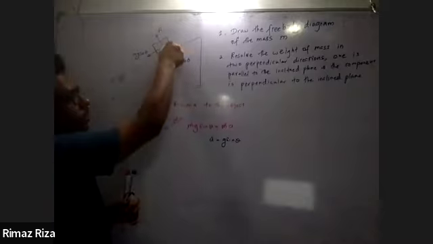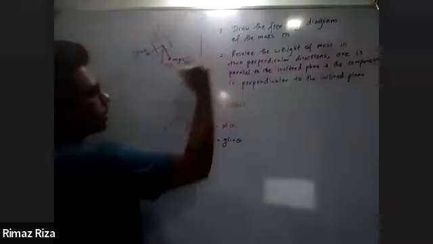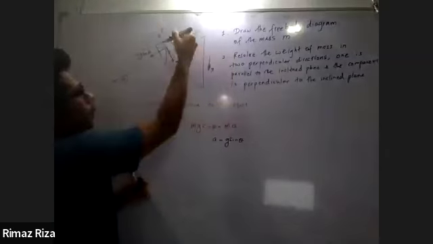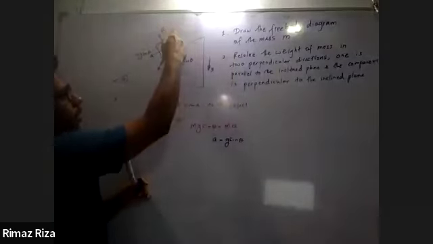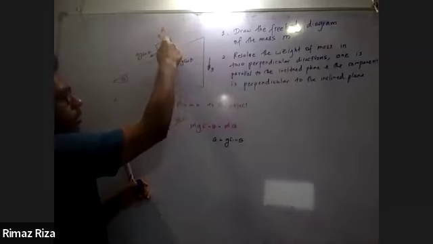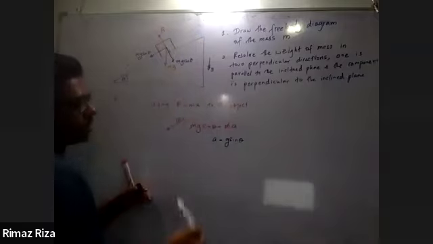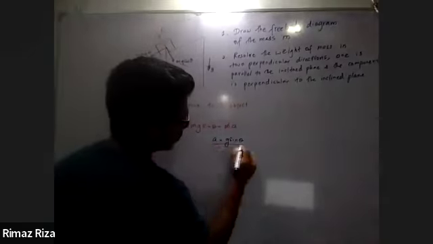So you can see the vertically downward acceleration is the gravitational acceleration, but in this direction you have to resolve it. So the acceleration is g sin theta.